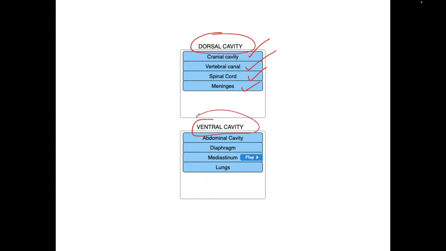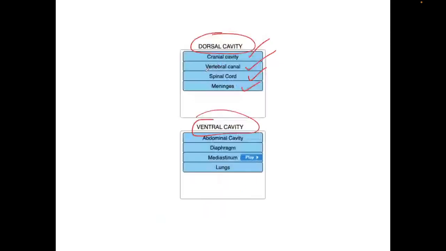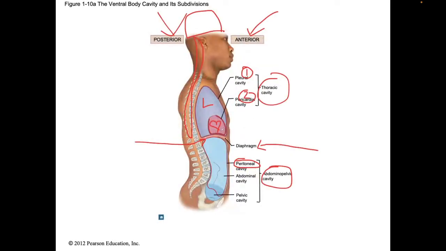In the ventral cavity, so now we're looking at everything in the front. That's going to be the abdominal cavity, the diaphragm, your lungs, your heart, and the mediastinum. Okay, the mediastinum is just the region in which the main vessels that lead into the heart and lungs, that's called the mediastinum.